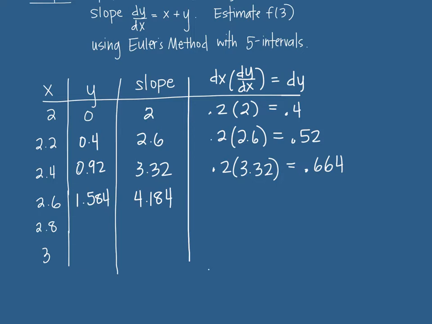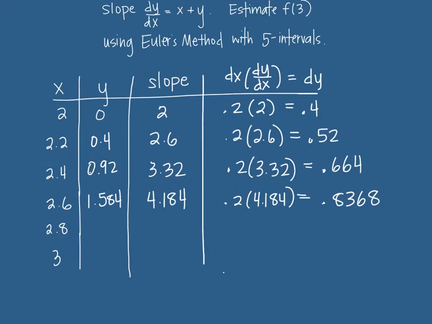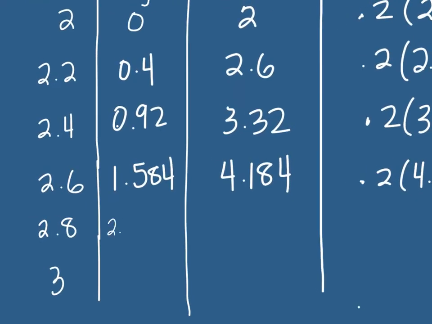4.184. So 0.2 times 4.184 is 0.8368. You add that to the y, and you get 2.4208. Plug that into the slope, 5.2208.